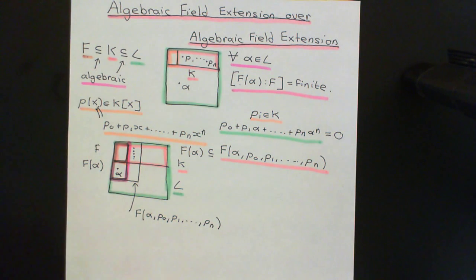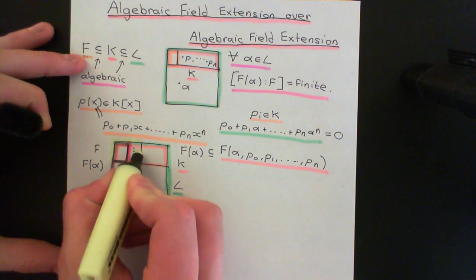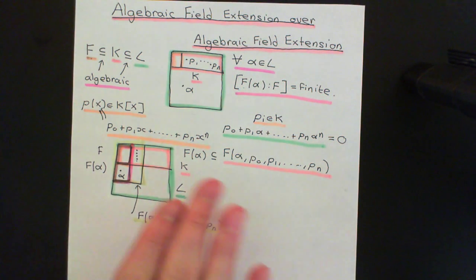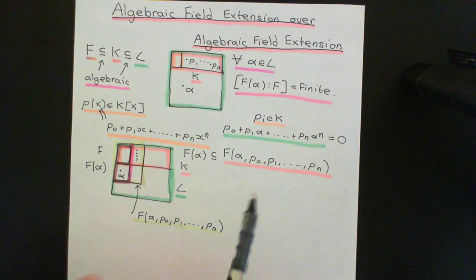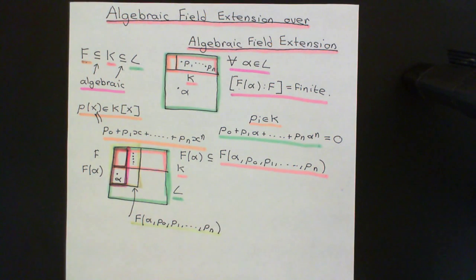And what colour should I colour that in? I think I'll go in yellow, like so. Okay, right, so that's the picture for what we're doing here. We're building this even bigger field extension of F that is generated not only by alpha, but also by these coefficients p0, p1, all the way up to pn, which we got from this polynomial here.